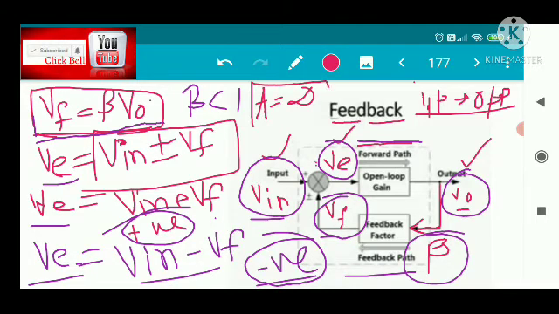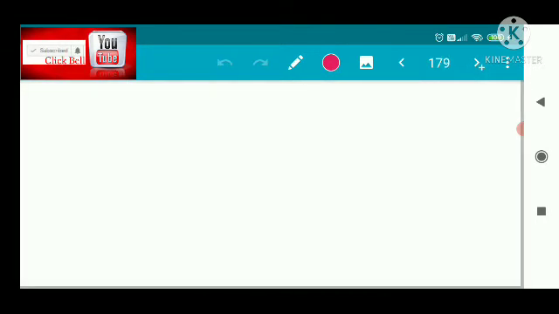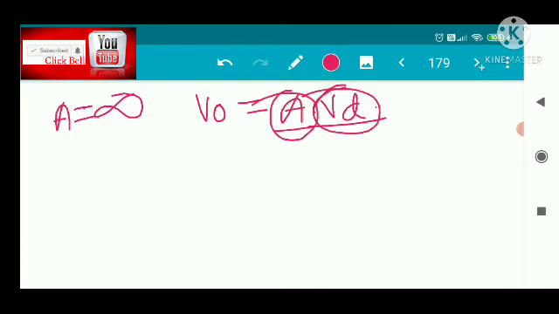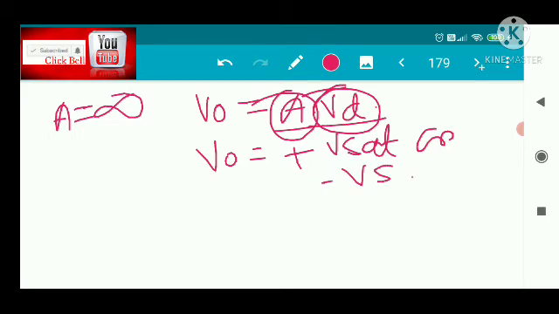So whatever your input voltage, that means the difference voltage, if the gain is infinite, the output voltage will always go to plus Vsat or minus Vsat, outside the linear region, which we do not want.